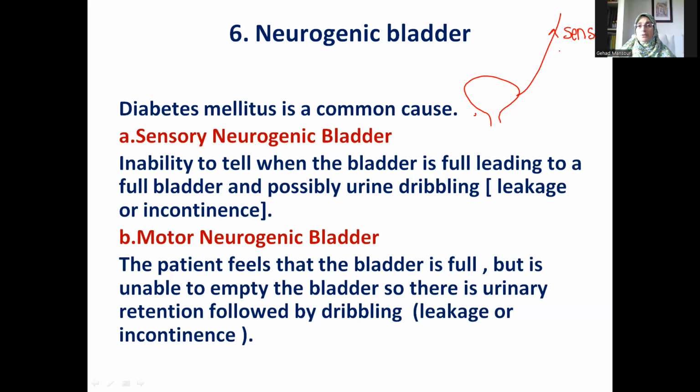So sensory impulses will reach the brain, and at the same time, the brain will send orders to the very thin muscle in the wall of the urinary bladder to contract, and to the urethral sphincter to dilate in order for micturition to occur.